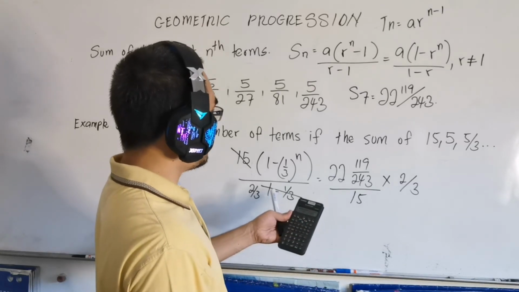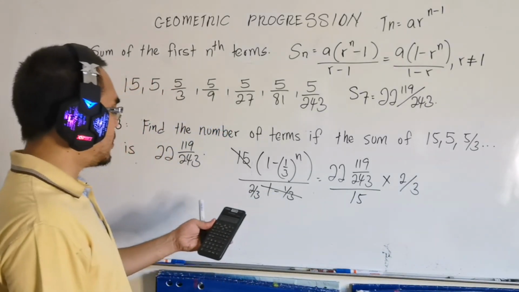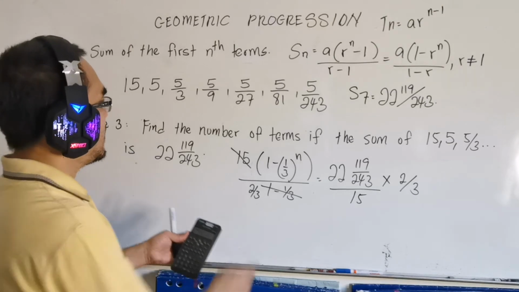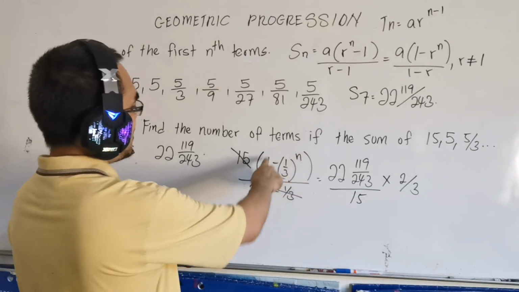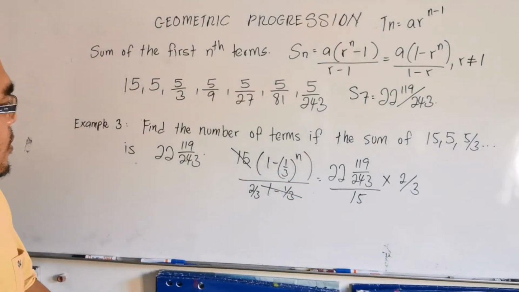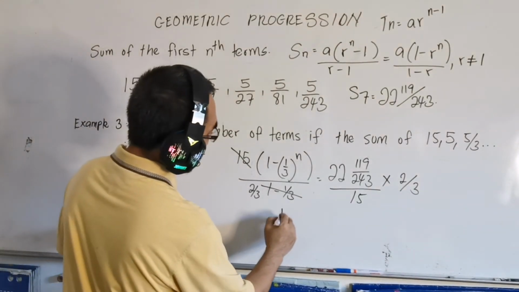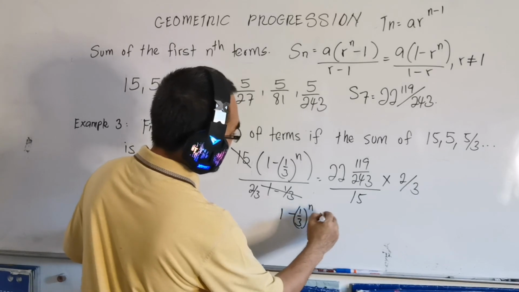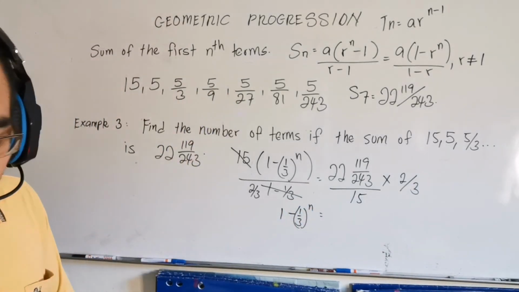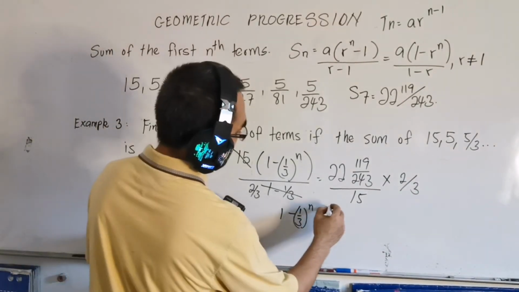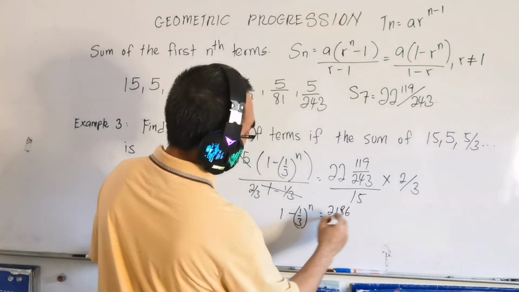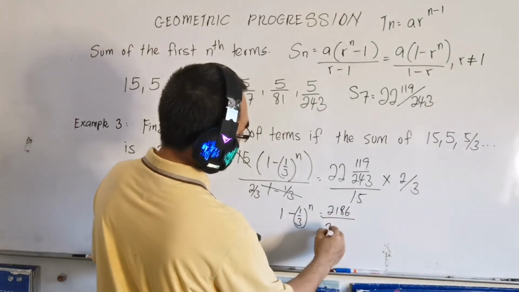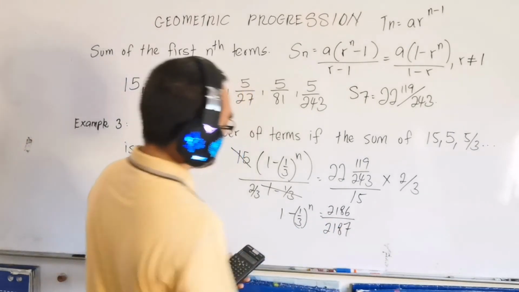So we have 2186 over 2187, and what we have left is this part. So we say 1 minus 1 over 3 to the power of n equals 2186 over 2187.